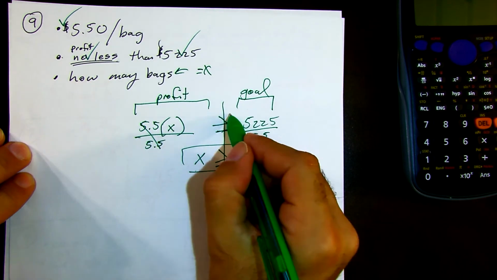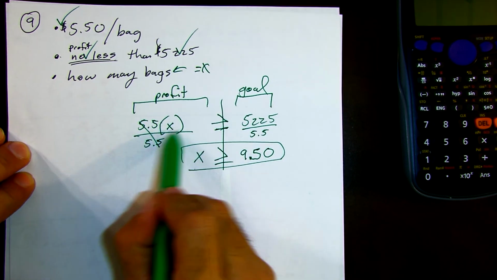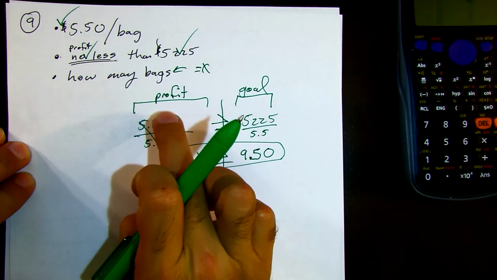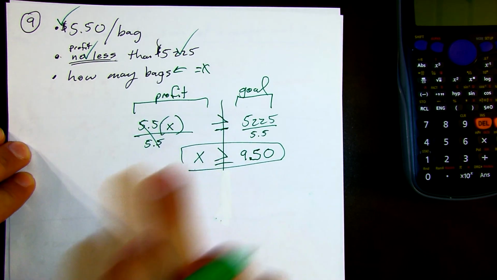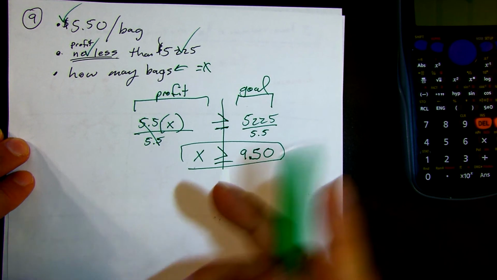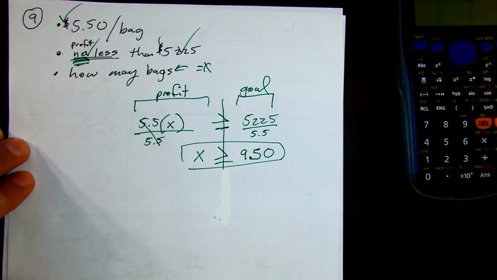I just wanted to explain this last one. Since I can make no less than 5,225, less makes us think maybe that's less than, right? But look what that would mean. If this was less than 5,225, then my profit, it's a relationship. If I made this less than, it would be okay for the profit to be less than 5,225.